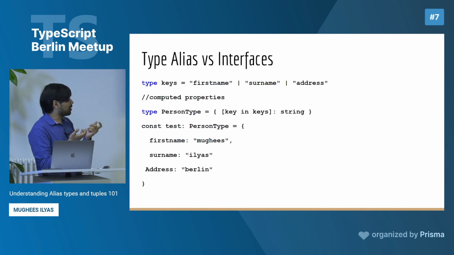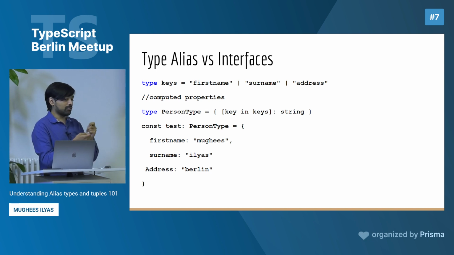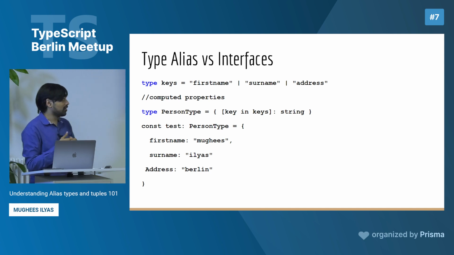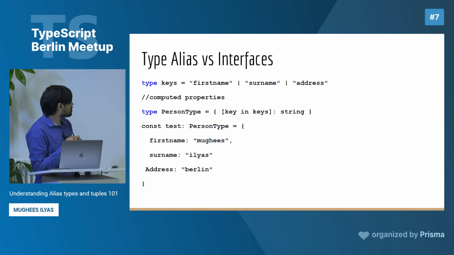How is that useful? It just gets cumbersome to write big properties when you know that all of them will be of the same type. So you just define the keys and then use the computed properties to expand your type fully.